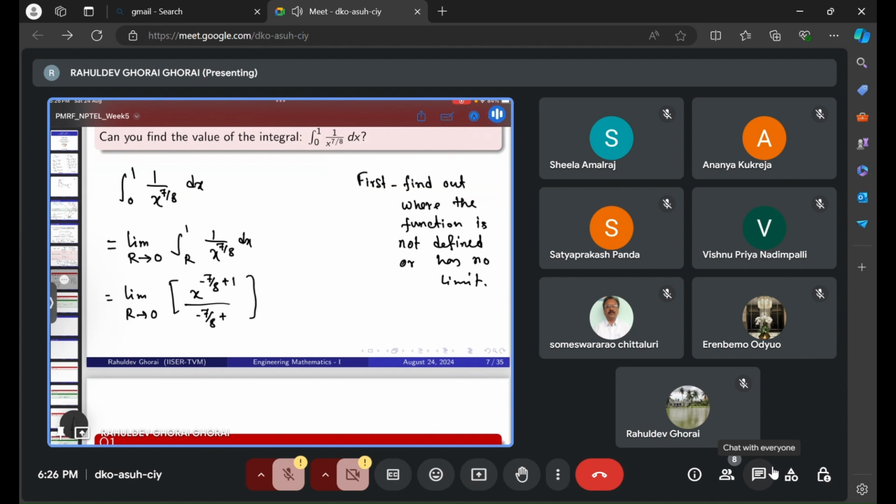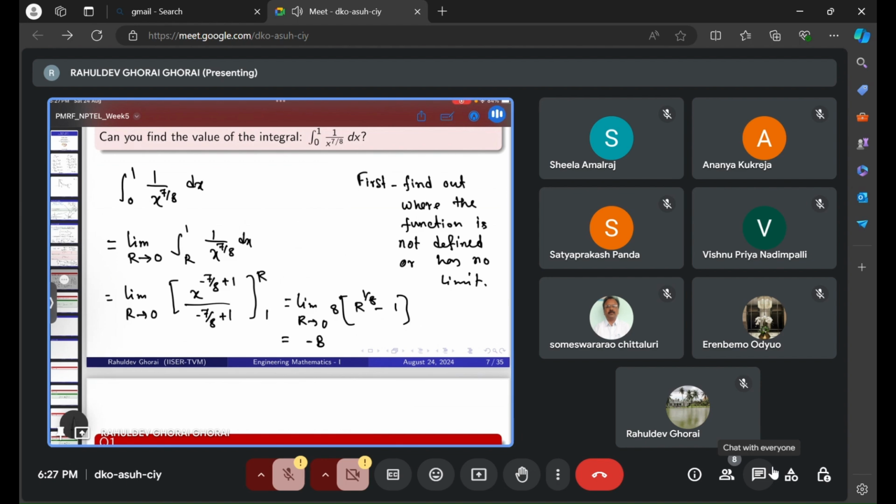This from r to 1, and that is nothing but limit as r tends to 0. First of all, 8 will be outside, times 1 minus r to the power 1 over 8.